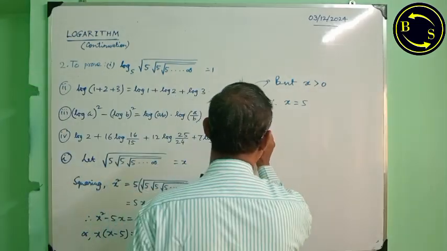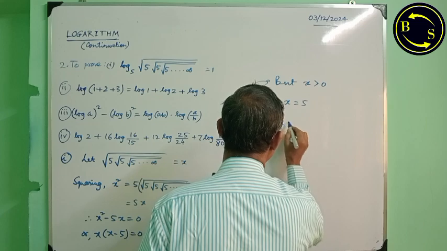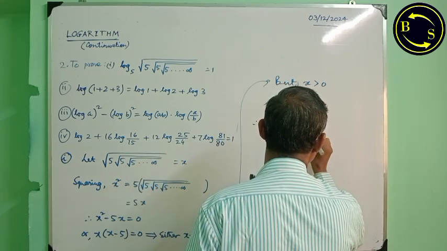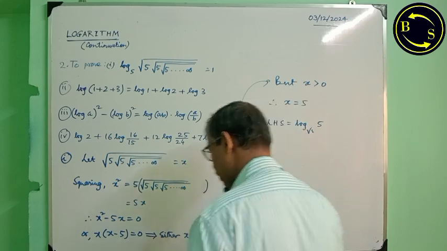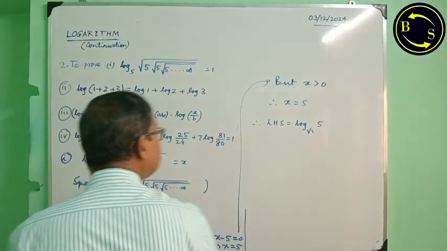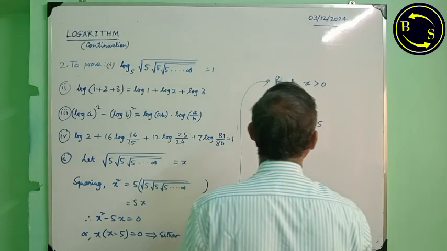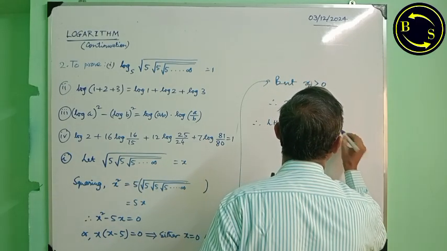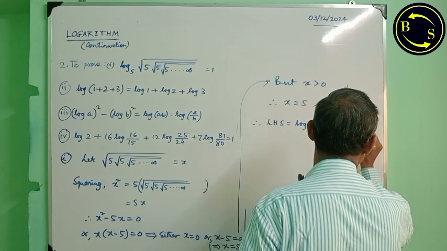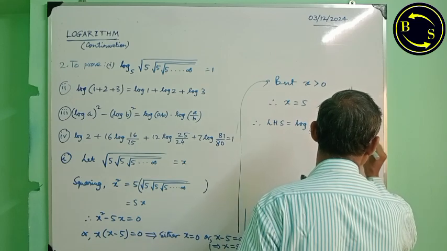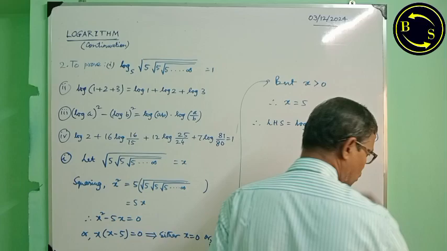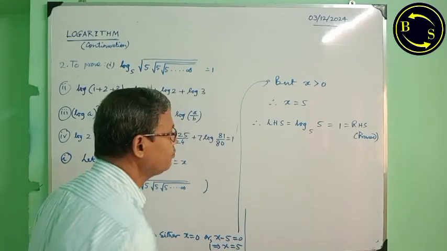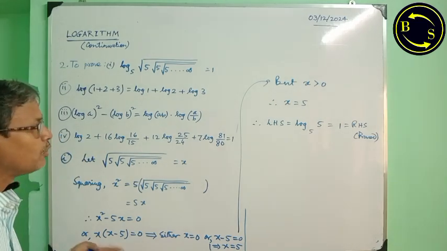Therefore, left hand side is equal to log of 5 to the base 5, that is equal to 1. RHS proved. Very interesting one. I think you have followed.